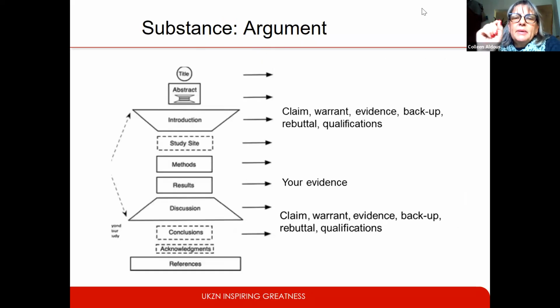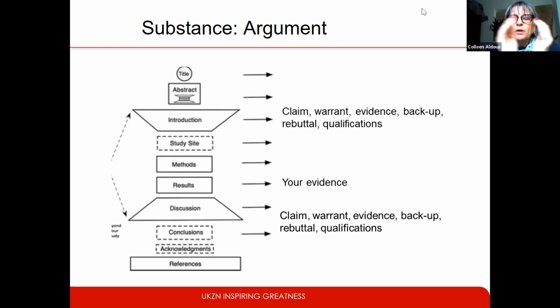Remember, in the beginning, I said we put our claim, warrant, evidence, backup, rebuttal, qualifications, all of that goes in your introduction as well. You are providing your evidence in the results section, but when you come back to the discussion, you are again going back to your argument. It's like you're standing up in court again, and this is your closing argument.